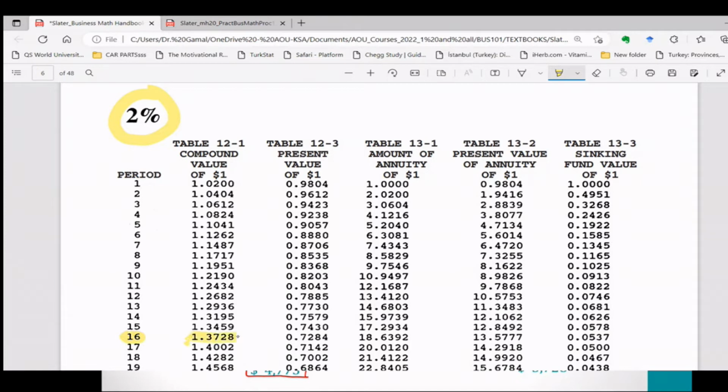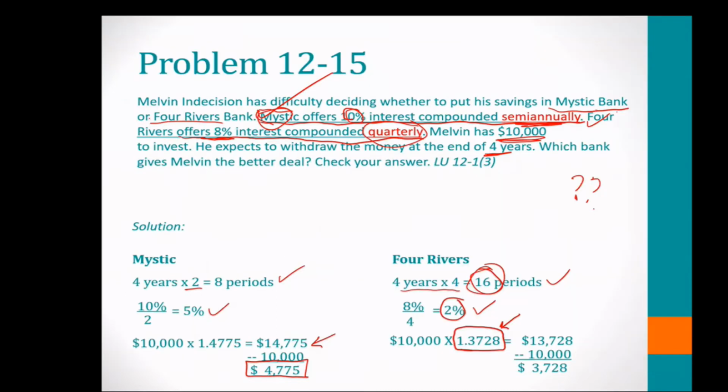The table factor is 1.3728. We'll talk about the second column later. Now we are concerned just with the first column, compound value. 1.3728.